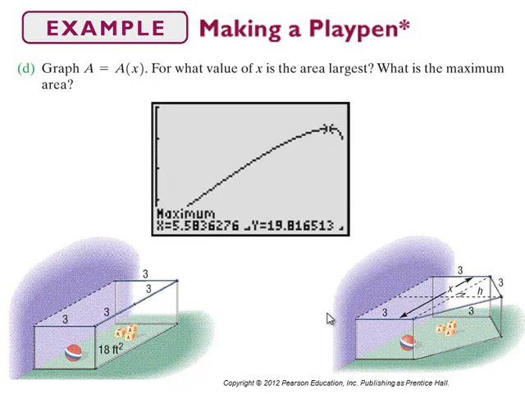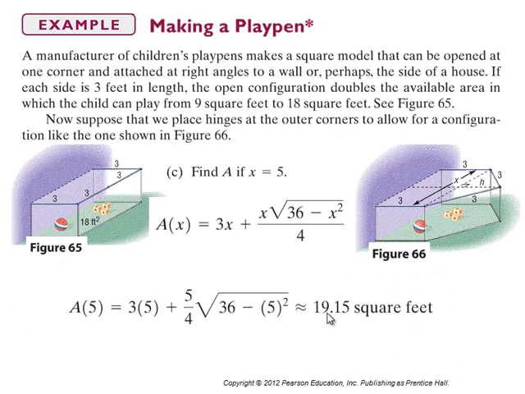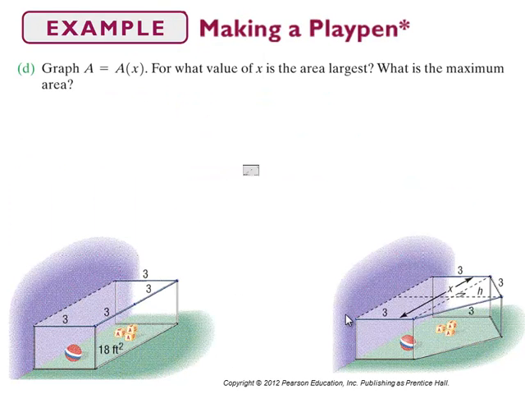You could actually plug in this function right here in your graphing calculator, and set x to go from 0 to 6 in your window, and play around with some different y values, like let y go from 0 to, say, 20 for y min and y max.